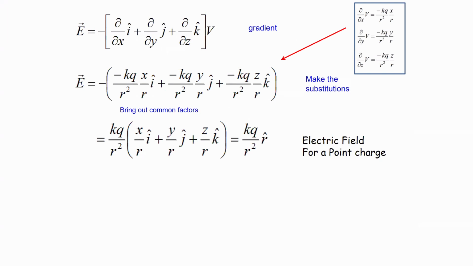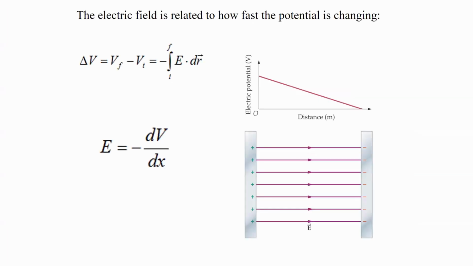All right. I think this is pretty useful, just to make a point here about how the electric field is related to how fast the potential is changing. In this case, if you had a uniform electric field, say parallel plates, and let's make the assumption that this is an infinite plane, consequently your electric field should come off perpendicular to the surface everywhere.